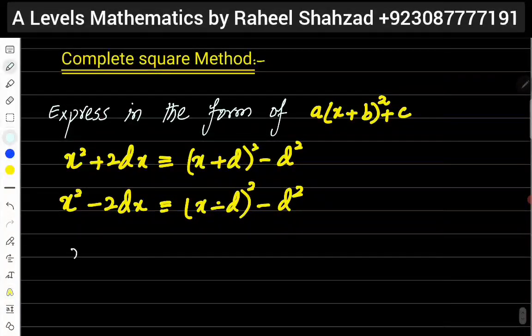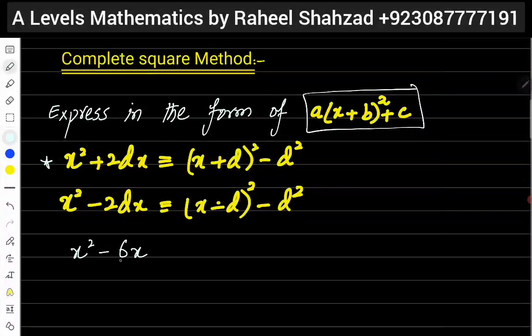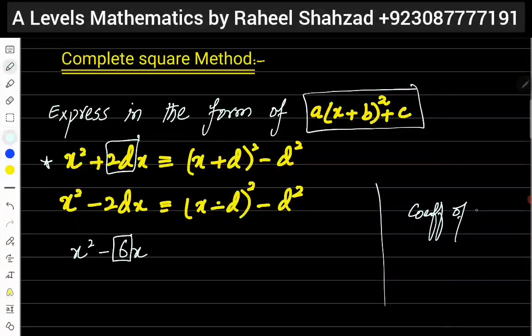So for example, if I am asked to take x squared minus 6x and I need to express it in this form, right? So according to this formula, x squared minus 6x, you can see this 6 is basically 2d. So in O levels, if you remember, we used to do coefficient of x divided by 2 whole square, right? So it's the same concept. So 6 is basically 2d.